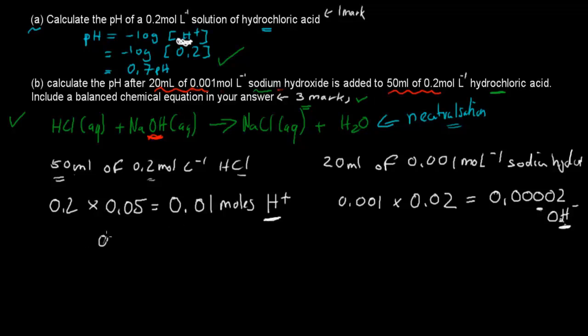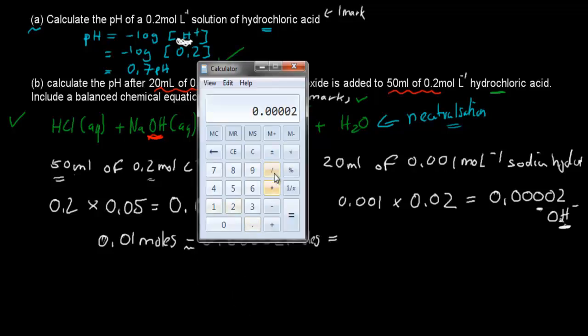We've got 0.01 moles, and we have to minus it by 0.00002. And the reason why is because those hydroxide ions are taking away our hydrogen ions. So that's why we're minusing this here. So initially we had 0.01 moles of hydrogen ions.